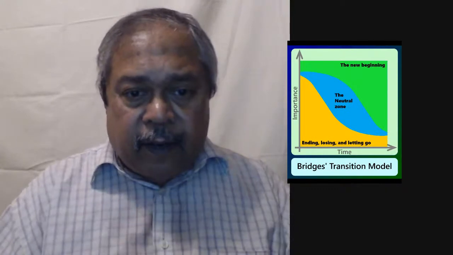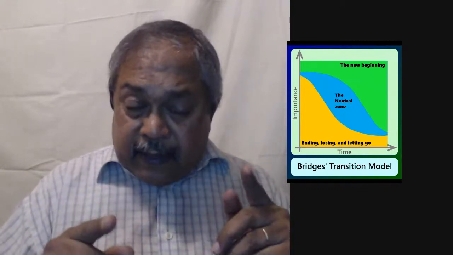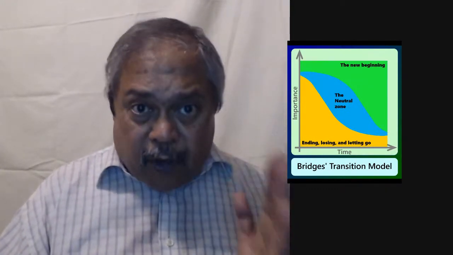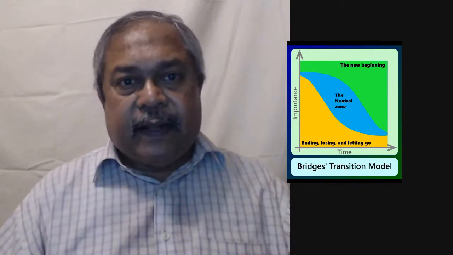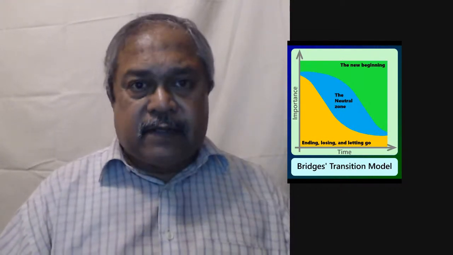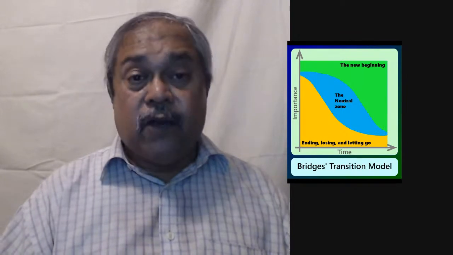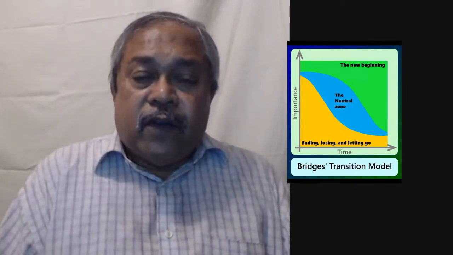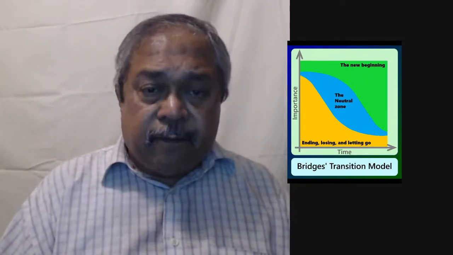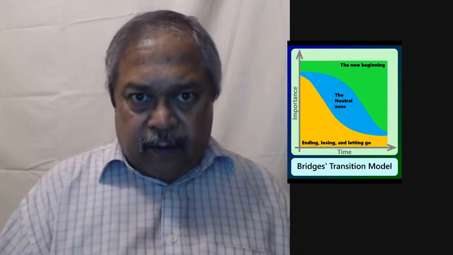So this is all about the Bridges transition model. The key is to make sure that the importance someone perceives in a new way of doing things, a new habit, a new strategy, a new initiative, is better than what they're doing normally.